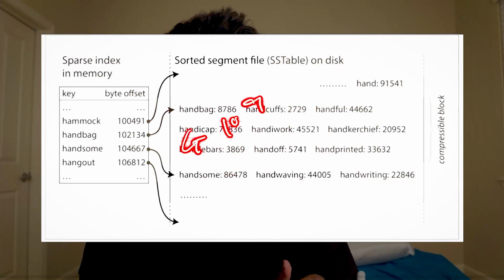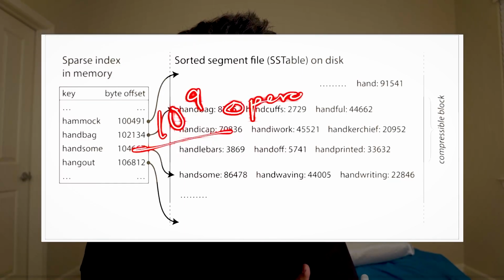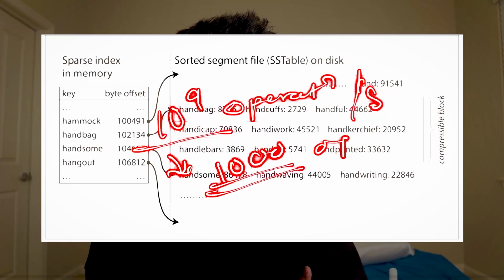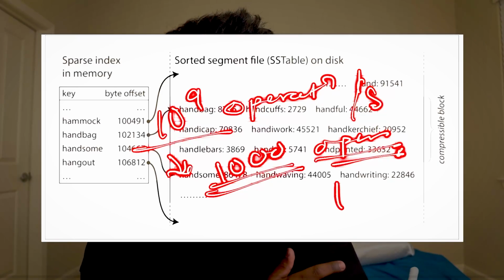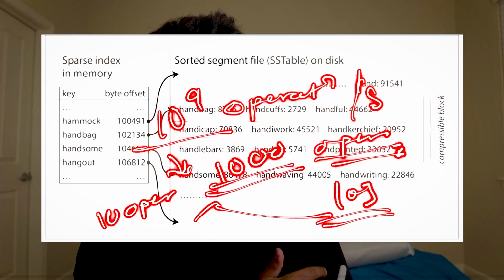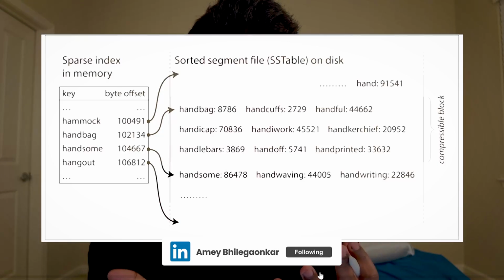Giga means what? 10 to the power 9. So it performs 10 to the power 9 operations per second. And here we only have 1,000 operations to go over in logarithmic time, which is almost 10 operations. So do you understand how fast this is?